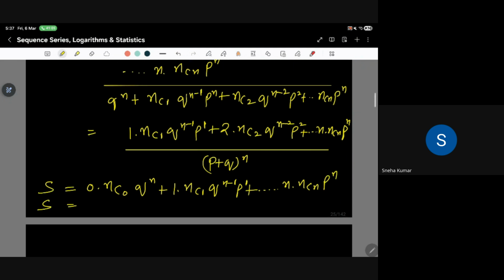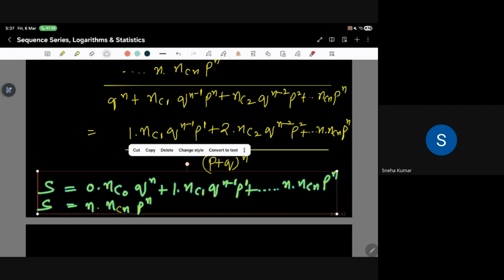If I write the series in the reverse way, okay. But if we do like this, there will be p^n and q^n which will not be common, so we cannot add them directly.